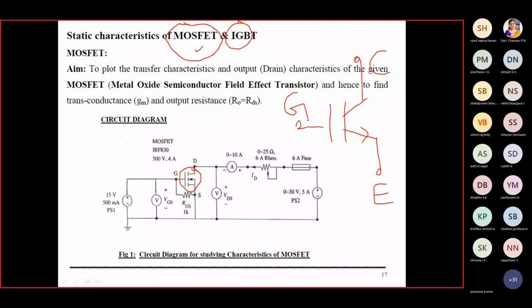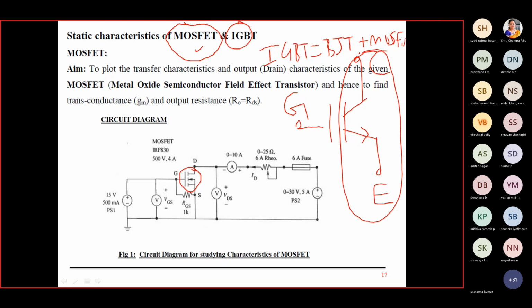So IGBT is a combination of BJT and MOSFET. Why they combined is that there are two advantages. One advantage is that the BJT offers low on-state resistance. That's why, on the right-hand side, collector-emitter is the terminal of the BJT. And the MOSFET offers high input impedance.